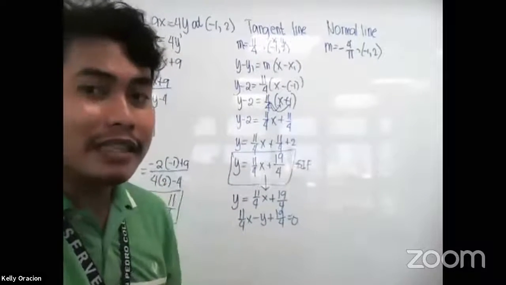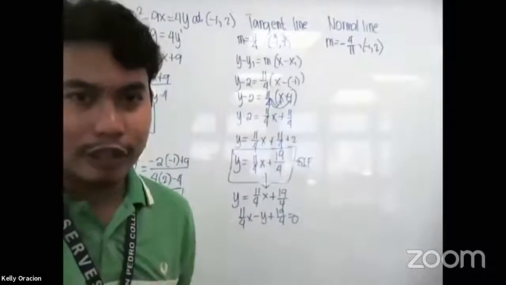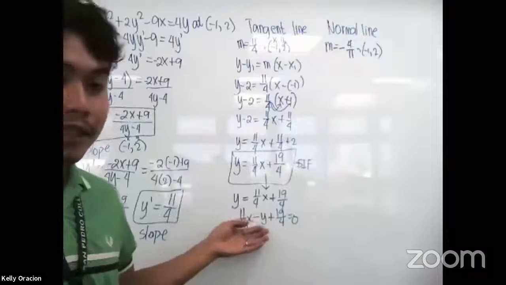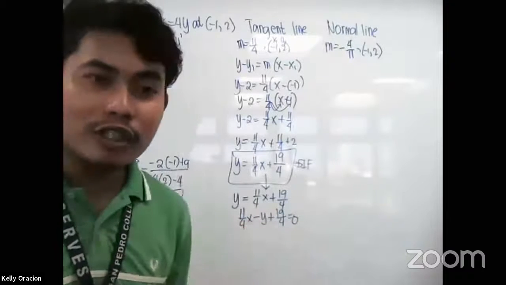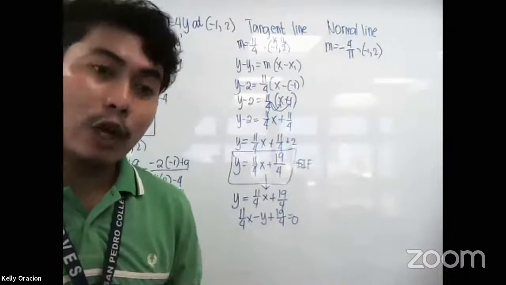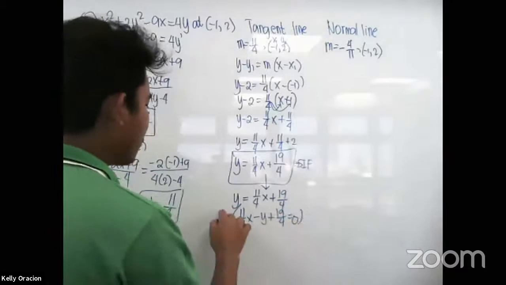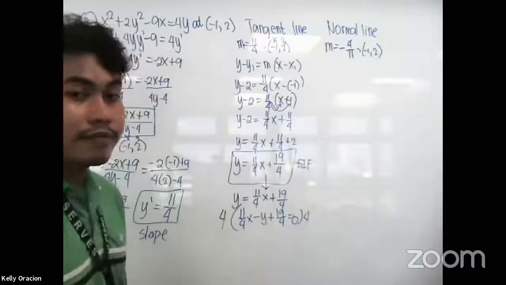So, sinabi ni Benz, dapat whole numbers. Whole numbers, dapat whole numbers sila lahat. As you can see, fraction siya. So, we need to find ways para maging whole number siya. Ang sabi ni Benz, multiply both sides by 4.